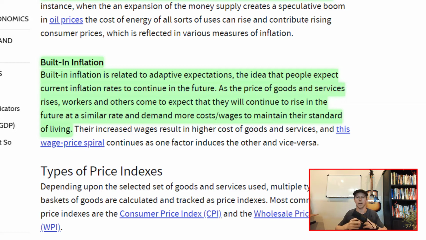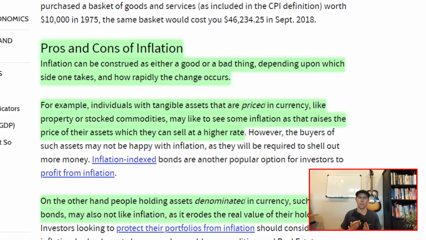So in other words, as the prices of goods and services rise, wages ultimately need to rise alongside of it in order to maintain a certain standard of living. Now, what happens in real life most of the time is the cost of goods and services go up and wages tend to lag.